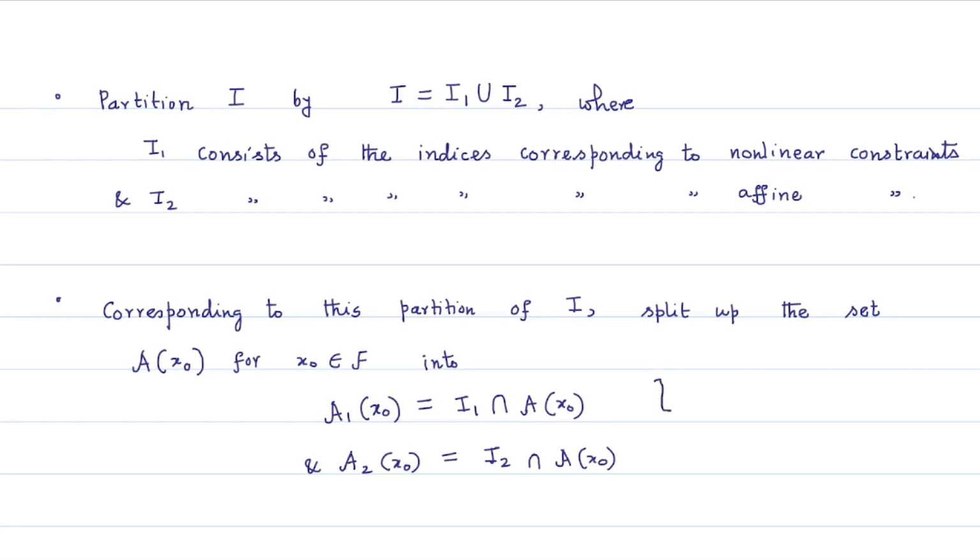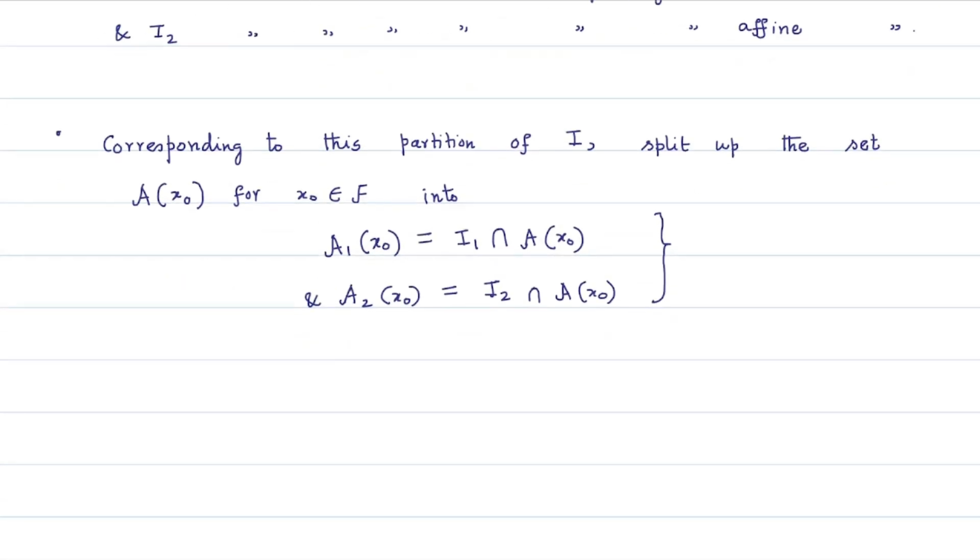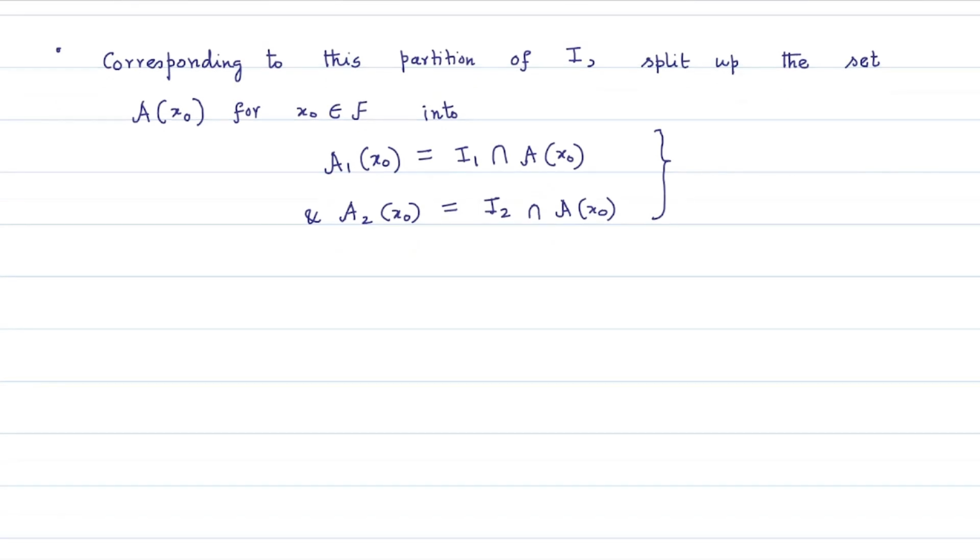We notice that the union of A1 and A2 is the set A at the point x naught. With the help of A1 and A2, we will now focus on the following constraint qualification conditions.